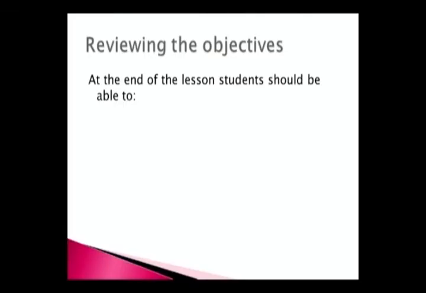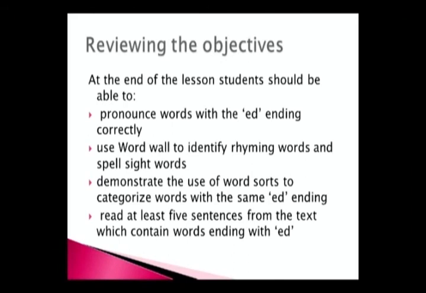Let's review our objectives. Remember, we had said that we wanted to achieve some things at the end of our lesson. Let's see if we achieved them. Did we pronounce words with the ed ending correctly? Yes, we did. Did we use the word wall to identify rhyming words and spell sight words?